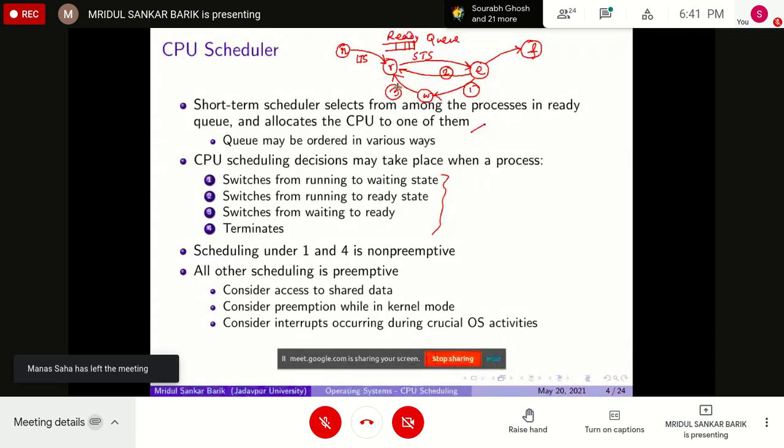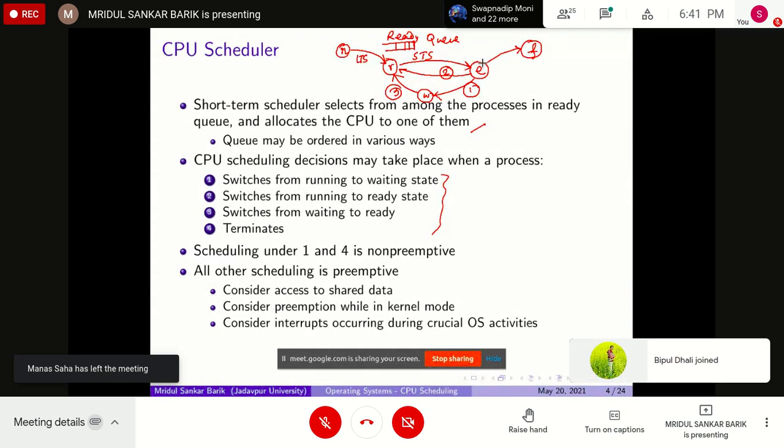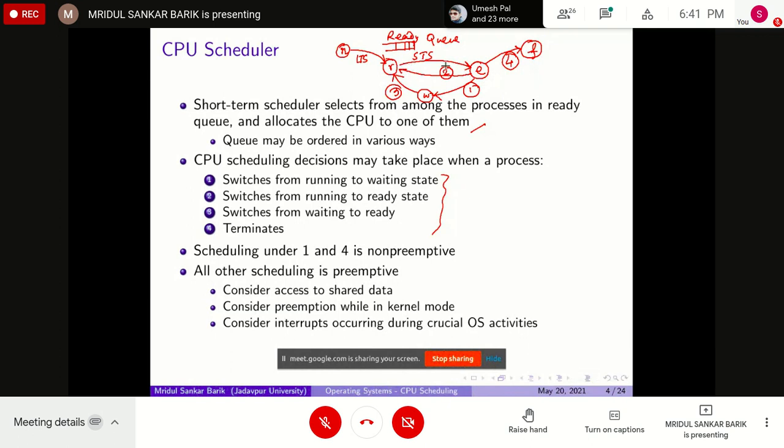So this is case 3. And when a process was executing and it terminated or finished its execution, then none of the processes are executing, the CPU is free, and one of the processes in ready state has to be selected. So these are the 4 cases in which the CPU scheduling decision has to be made. The short-term scheduler will be invoked in these 4 cases.